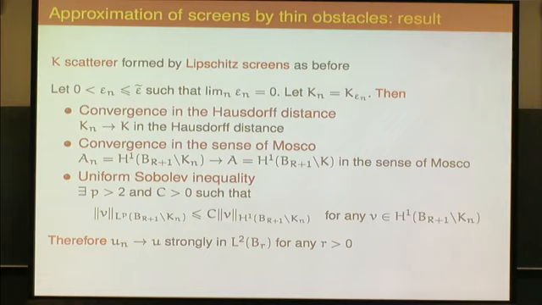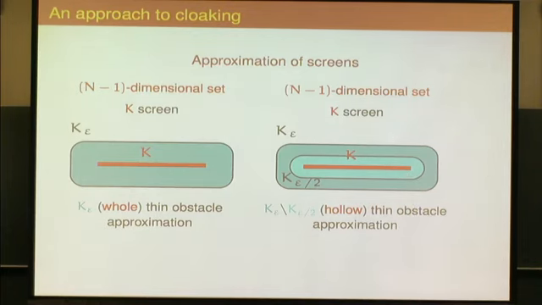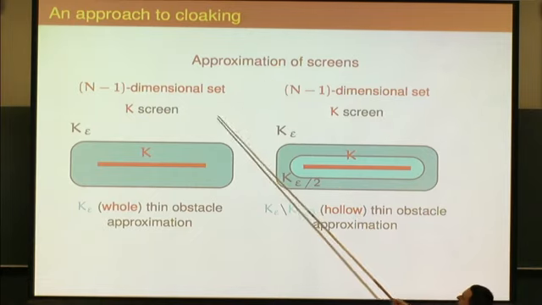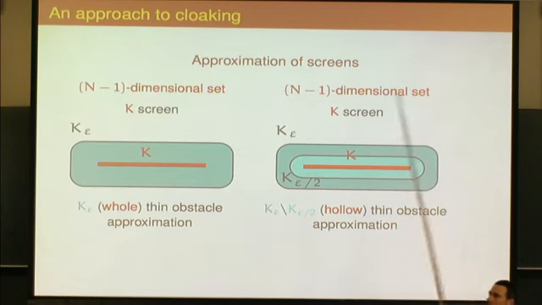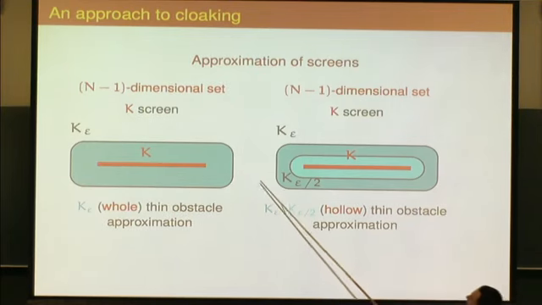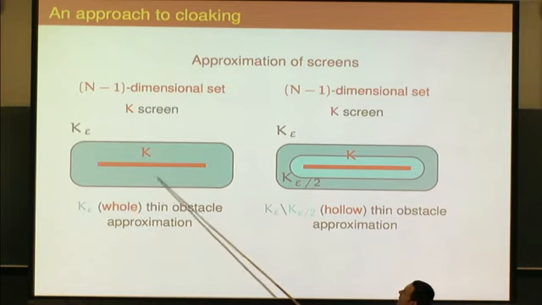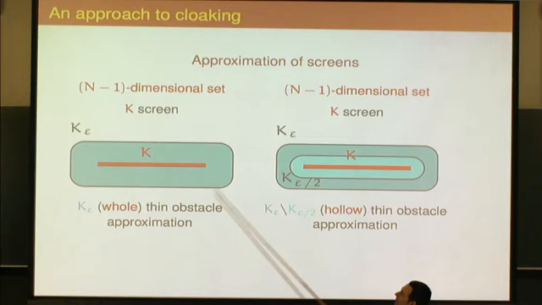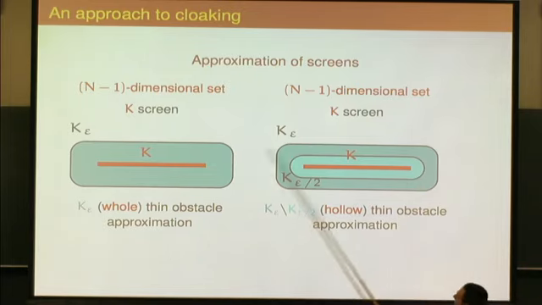Why is this useful and towards cloaking? Well, this is the main idea. So you have a screen which is an n-1 dimensional set. Everything I'm talking about works in any dimension, 2 and higher. So you take a screen which is an object like that, and you say that this K epsilon, which is a thin obstacle surrounding it, is a good approximation for the direct problem for sound hard scatterers.